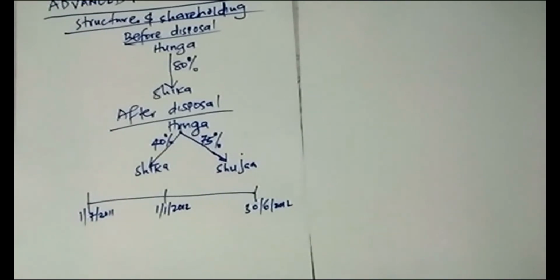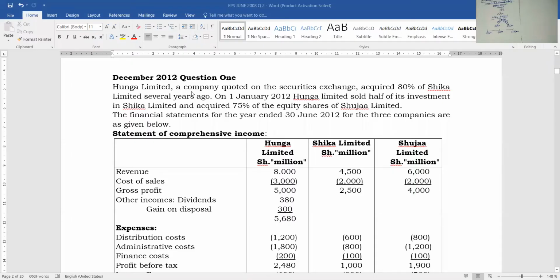So this is what I'm trying to interpret. Hunga, a company quoted on Securities Exchange, acquired 80% of Shika several years ago. On 1st January 2012, it sold half of the investment in Shika and acquired 75% of equity shares of Shuja. Our financial statements are for the year ended 30 June 2012, so that is where I'm getting the information from.